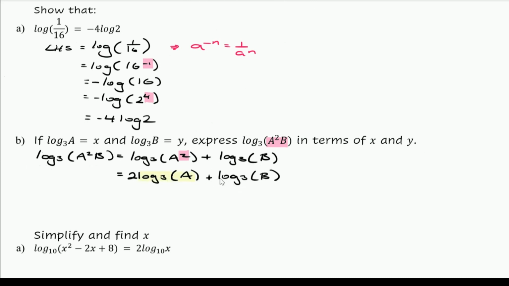Well, this part here, log 3 of a and log 3 of b, it's exactly the same as this here. So wherever I see log 3 of a, I'm going to put x, and wherever I see log 3 of b, I'm going to put y. So this just becomes 2 of x plus y. Done. I've now written this expression in terms of my x and y.